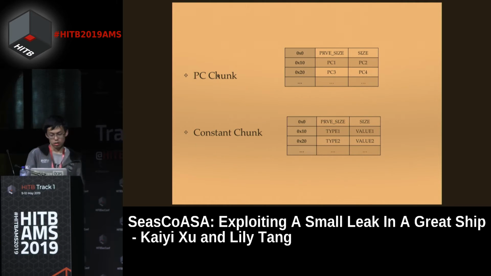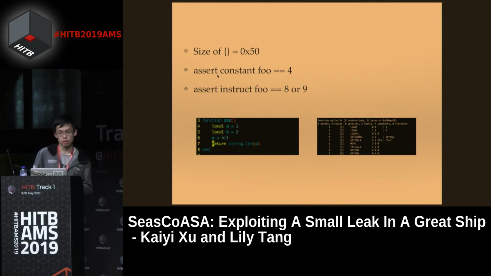Because the empty table is 0x50, we assert the count of const equal to 4 and assert the count of instructions equal to 8 or 9. This is the function we constructed that satisfies these conditions.